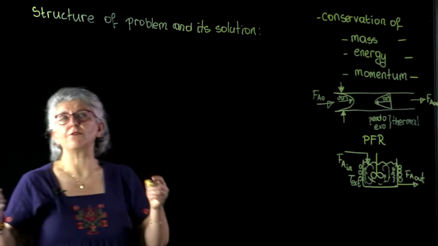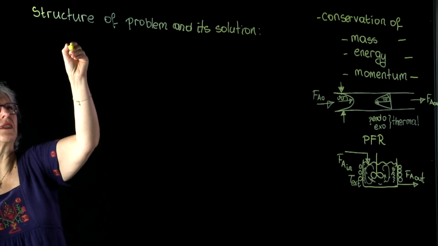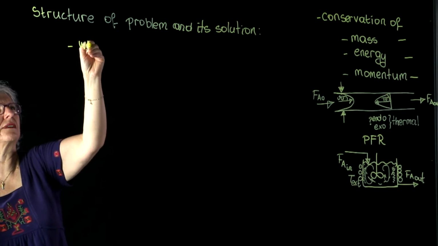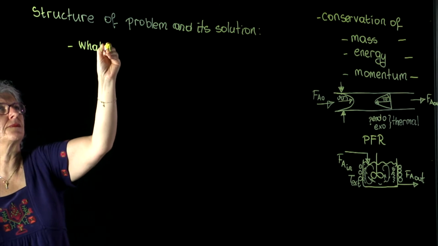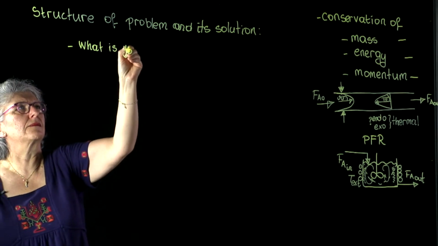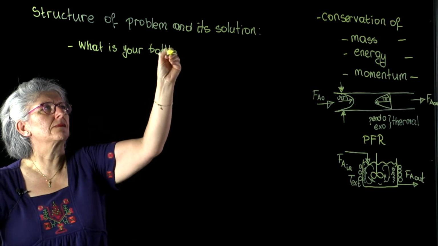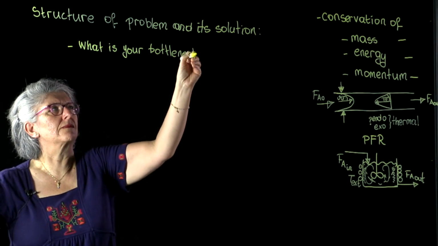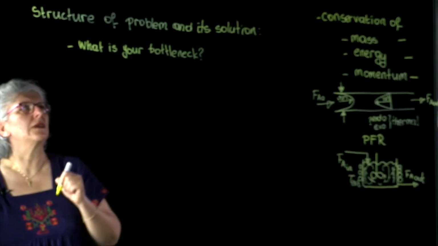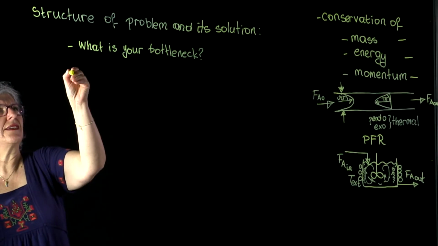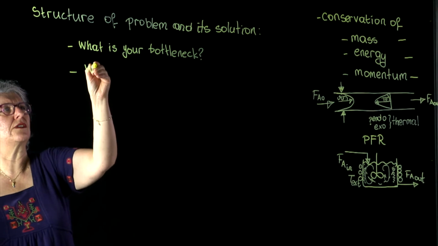First, we have to identify the bottleneck. What is your bottleneck? Then we have to identify which conservation laws we need.